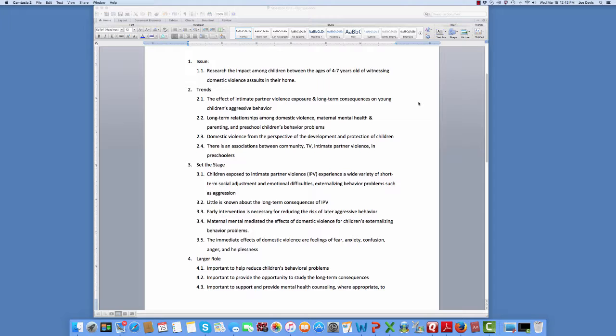Okay, domestic violence from the perspective of the development and protection of children. That is a trend. What we're going to look at is we want to be able to say that domestic violence, when we think about the development of children, is a problem. Of course, it's a problem for the survivor victim, but it's also a problem that perhaps in some unfortunate situations the child's ignored.